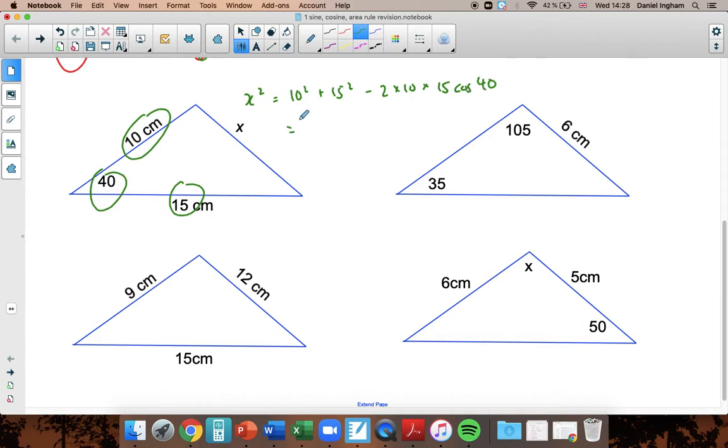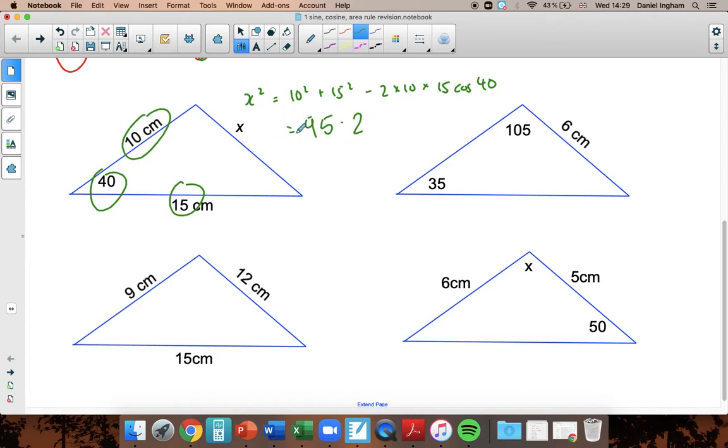I'm going to work that out quickly on my calculator, all in one line.